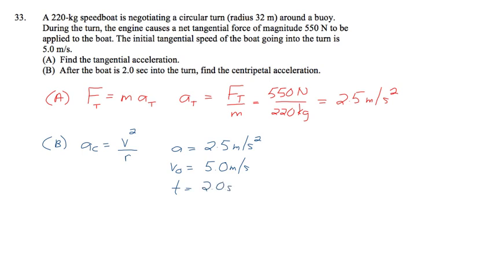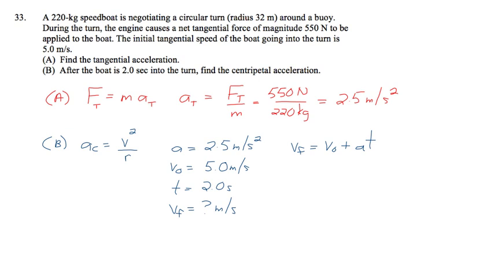So it started at 5, and sometime later it's going to be more than 5. So we're looking for the final velocity, because whatever that number is, that's the v that's required to solve for the centripetal acceleration 2 seconds into the turn. So those are your facts. Our equation is Vf equals Vo plus at. Nothing's zero, and Vf is the unknown, so I don't even have to do any algebra.